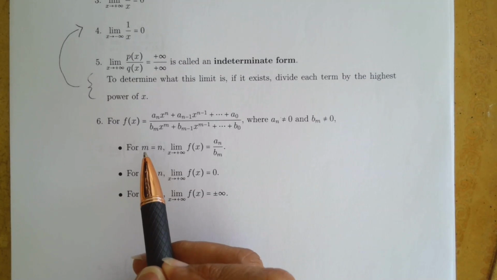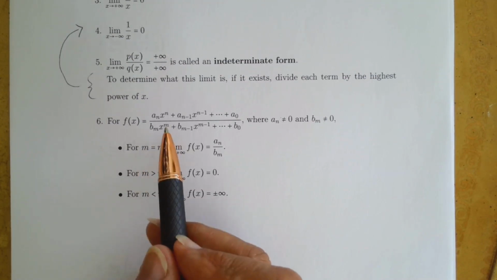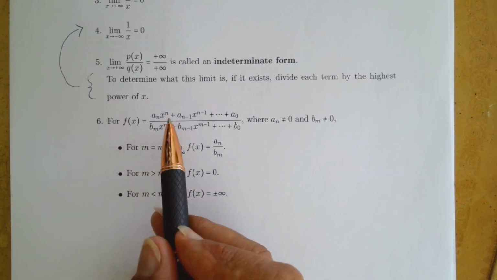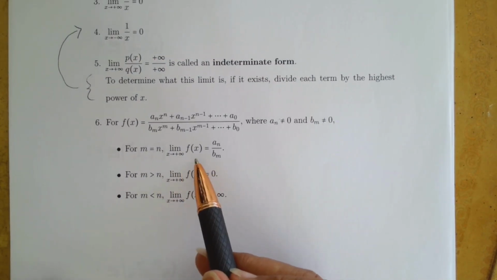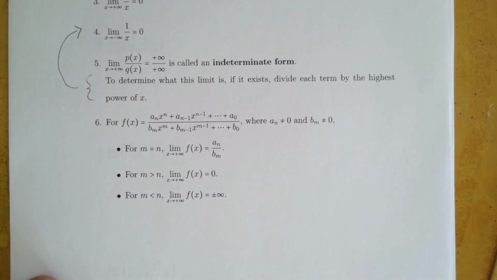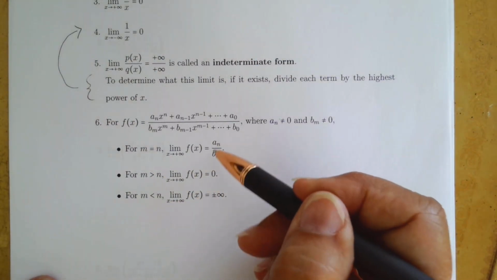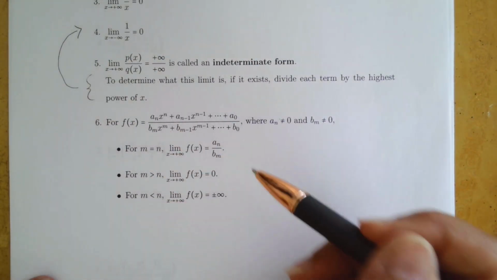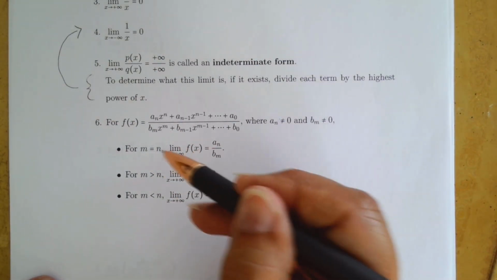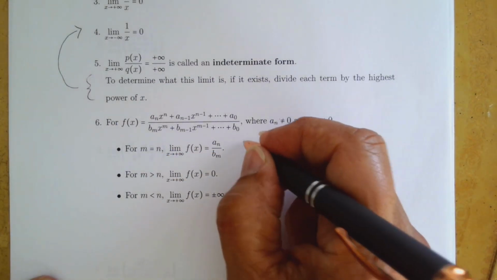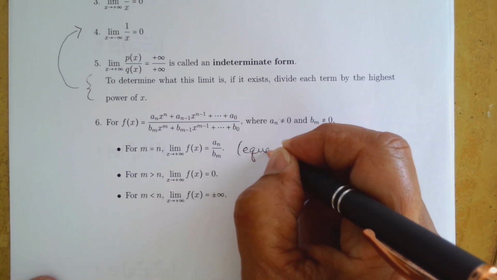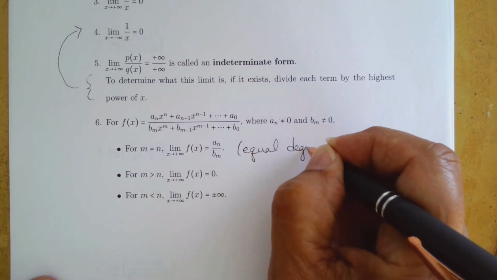So if the exponent in the bottom, m, equals the exponent in the top, then the limit of that function as you go to infinity is the coefficient divided by the coefficient, a sub n divided by b sub m. So this looks very complicated, but it's really not. And I'm going to write here the words equal degrees. You're going to hear me say that when we go through these.